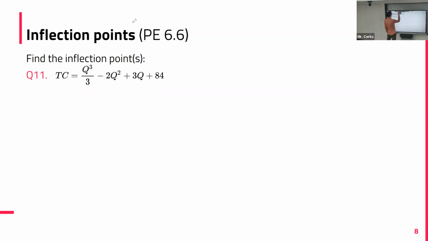All right, how many inflection points do you think there are? Some say 1, some say 2. Okay, tell me the Q values. Q equals 2. So there's 1 inflection point at that spot.